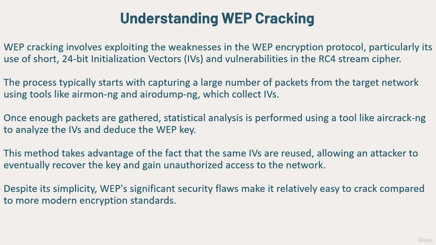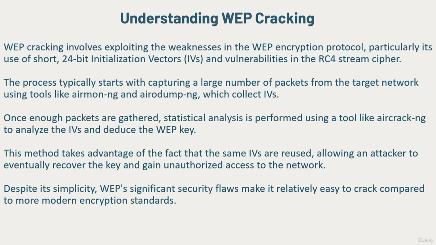Once enough packets are gathered, statistical analysis is performed using a tool like aircrack-ng to analyze the IVs and detect the WEP key. This method takes advantage of the fact that the same IVs are reused, allowing an attacker to eventually recover the key and gain unauthorized access to the network.